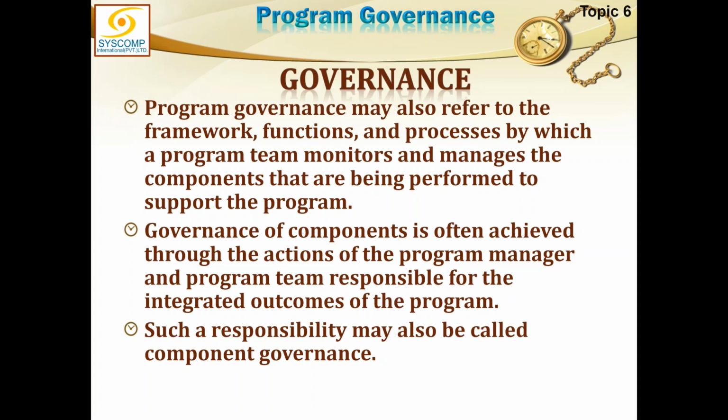But how the components are to be managed within the program, naturally remaining within the guideline of the program governance, project governance will be provided to them. The component governance will be provided to them. And they will then be responsible for creating their respective management plans in accordance with that component governance. That is what is meant by the governance of the components.